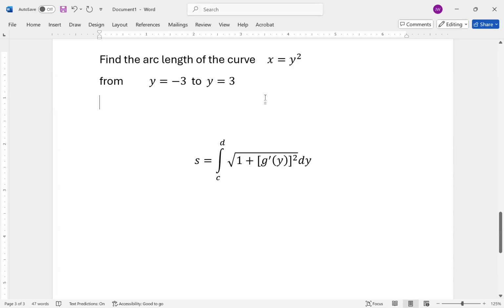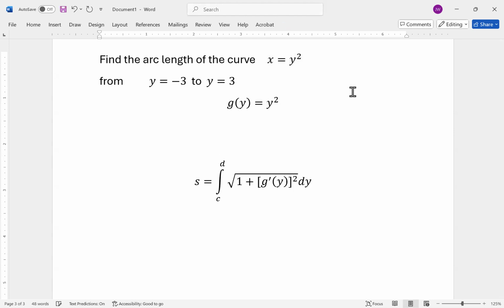Should be fairly straightforward. Since x is a function of y, we're going to say g of y, my function of y, is equal to y squared. If I take the derivative of that function with respect to y, I end up getting 2y.